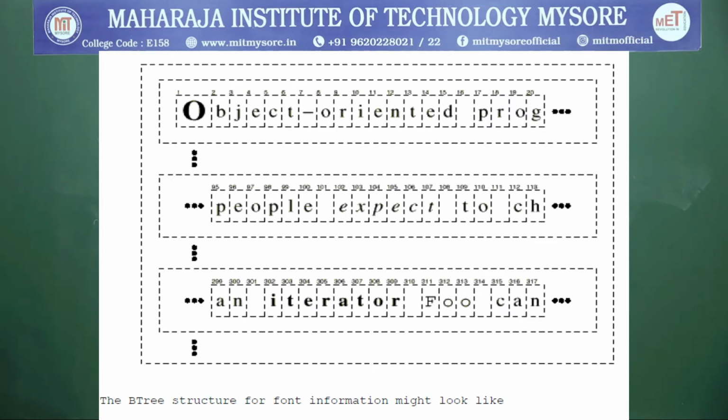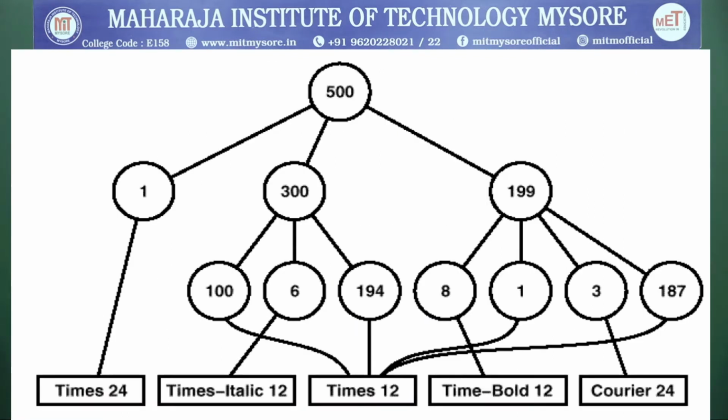Interior nodes define ranges of glyph indices. The B-tree is updated in response to font changes, and whenever glyphs are added to or removed from the glyph structure.